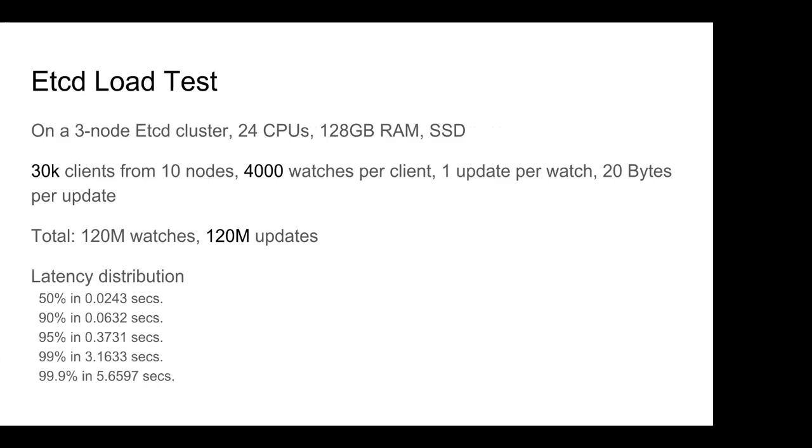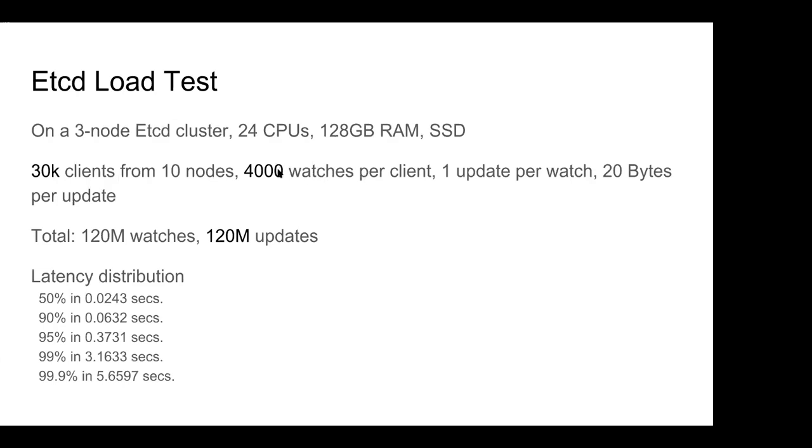This test was done back in 2016 or early 2017. We set up a 3-node etcd cluster, each box with 24 cores and 128 gig RAM with SSD. We mimicked 30,000 clients from 10 similar boxes, and we created 4,000 watches per client.